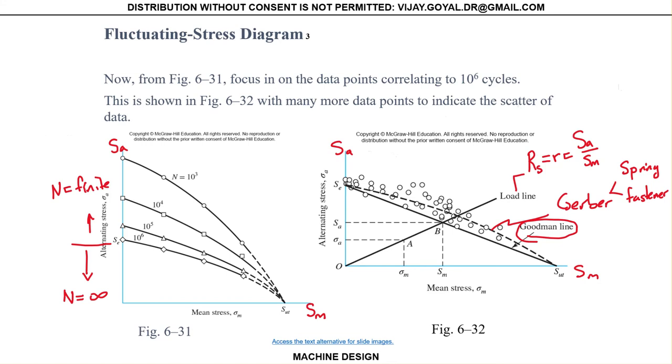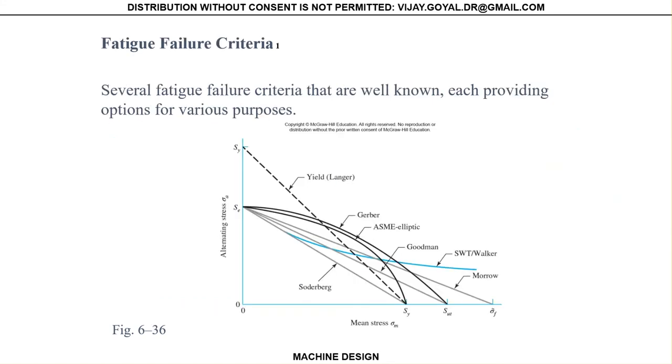So you can have not only one theory, but several theories. From these theories, the one that I'm going to emphasize more is Goodman. You can see that this is your ultimate, right? This is your endurance limit, SE. This is your yield strength. And don't forget that this is all plotted: this is mean, and this is alternate.